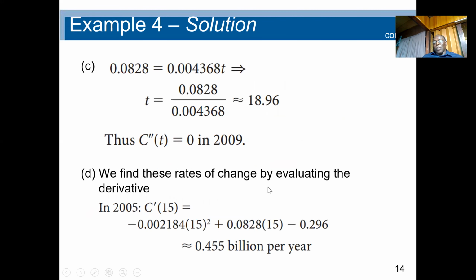Then we solve for the value of t. T is roughly 18.96. So the second derivative of c at t equals 0 in 2009. Roughly we say 2009, which we are assuming here is 19.